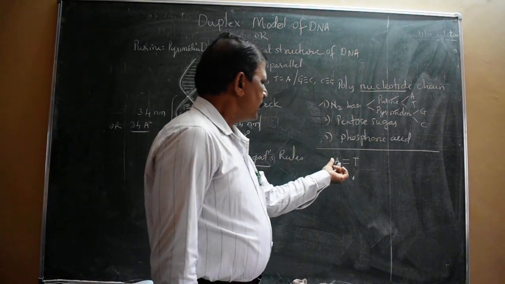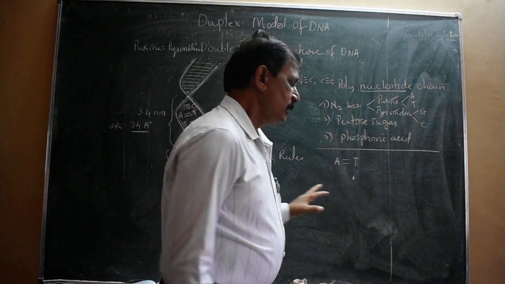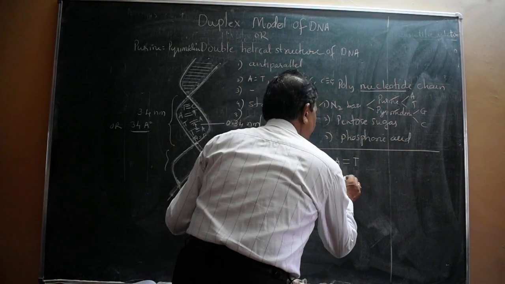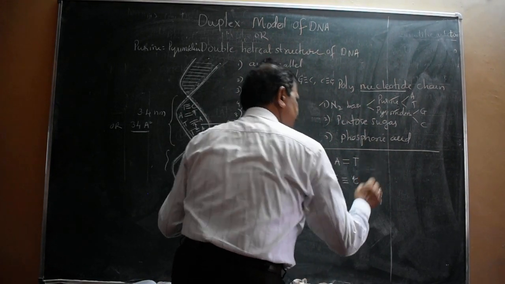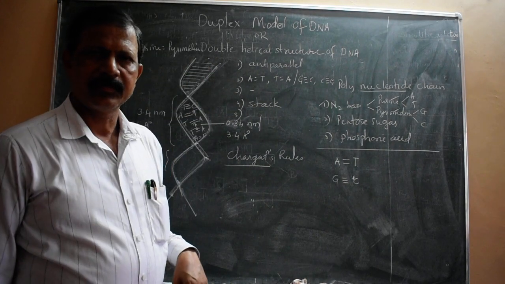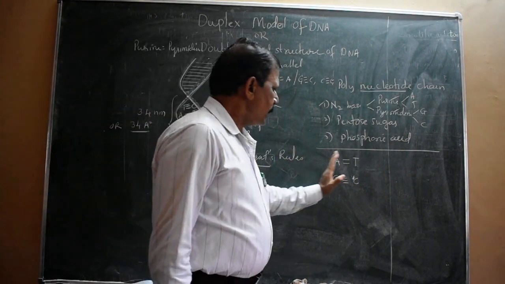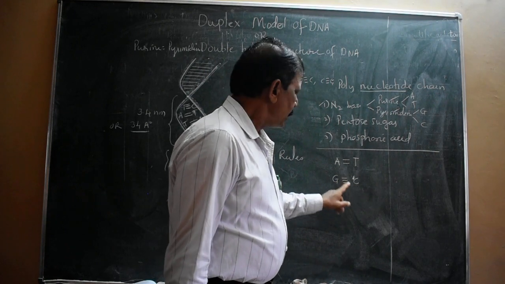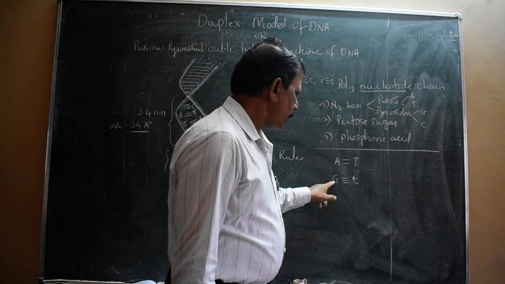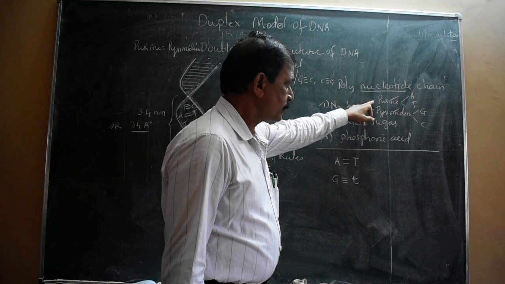So if A is there, T must be there. Similarly, guanine is a purine, with a triple bond to C. Cytosine is a pyrimidine. Got it? So A double bond T, G triple bond C. Adenine and guanine are both purine bases.